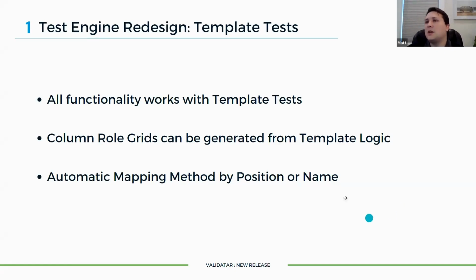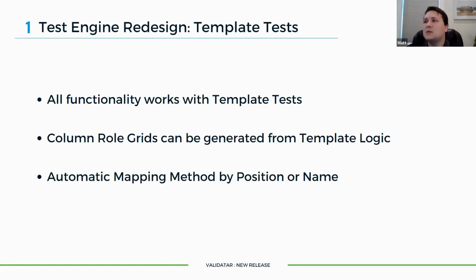And the fundamental thing here is that all of those areas where we were showing the column role grid of whether they're playing the key or the value role, those can be generated from template logic. And we can show that here in a sec.